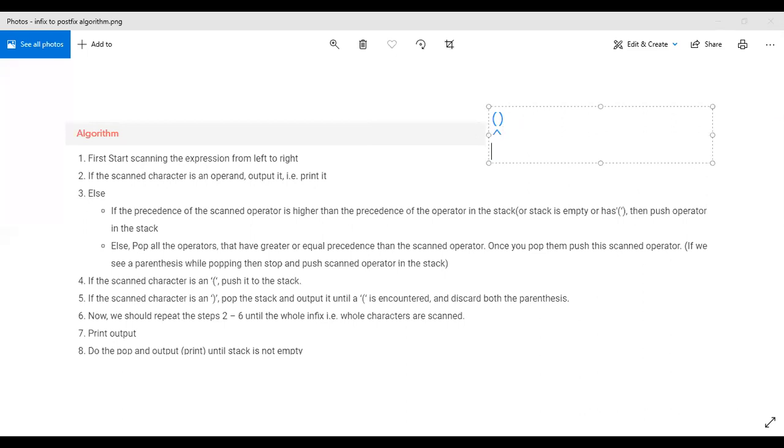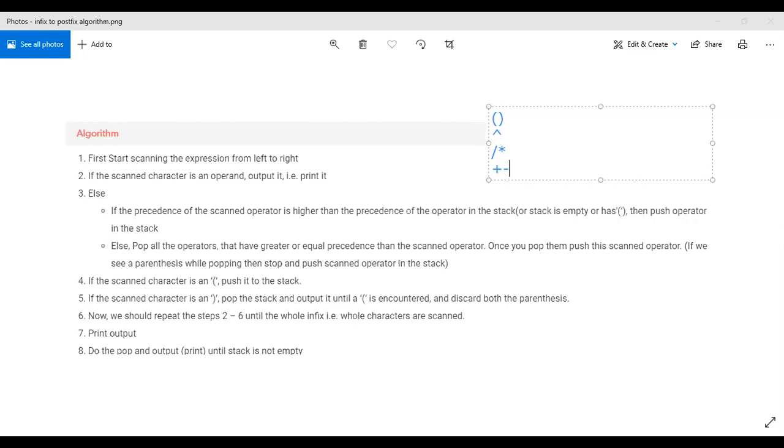Next, slash and star will be the third preferred. Next, fourth, plus and minus. This is the preference of the operators.